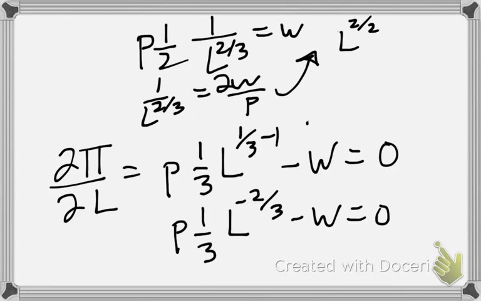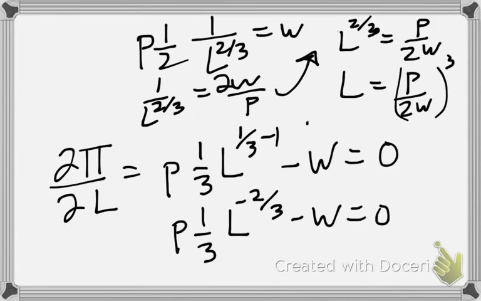L to the 2/3 is equal to P over 3W, and that's the same thing as, if we raise everything to the 3/2, L equals P over 3W to the 3/2. So that's our labor demand curve.